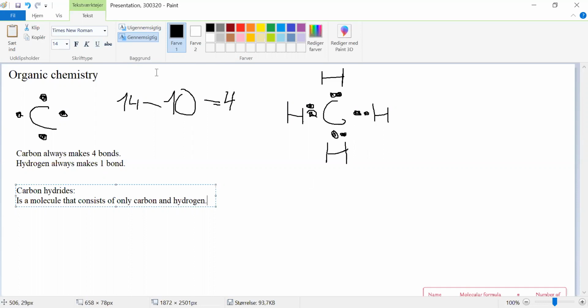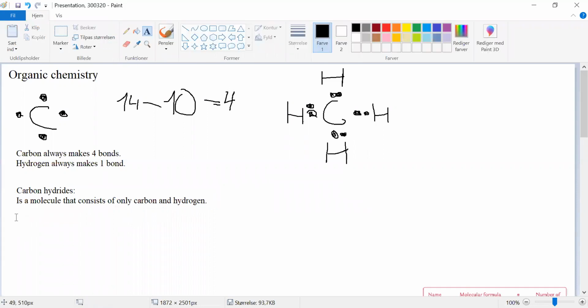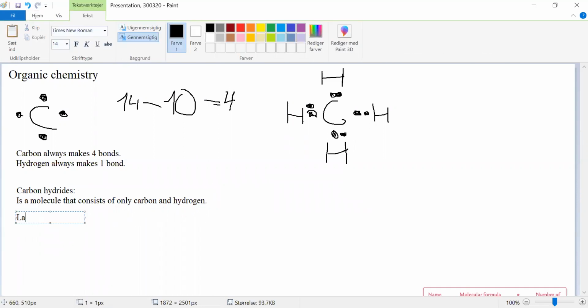And let's introduce a new molecule group, which is called an alkane. So an alkane is a carbon hydride. So it only contains carbon and hydrogen, and it only has single bonds in the structure.